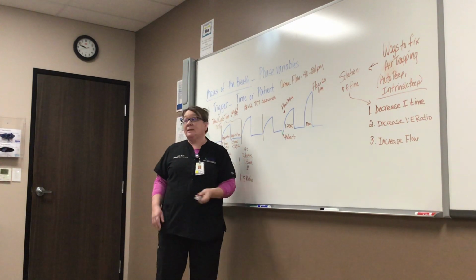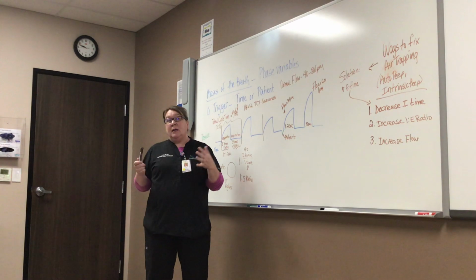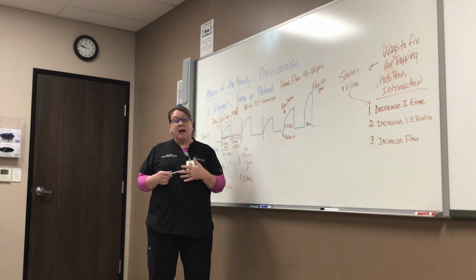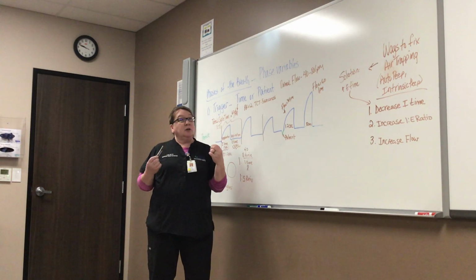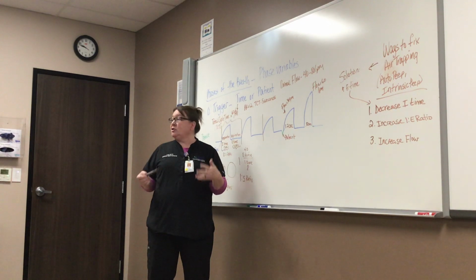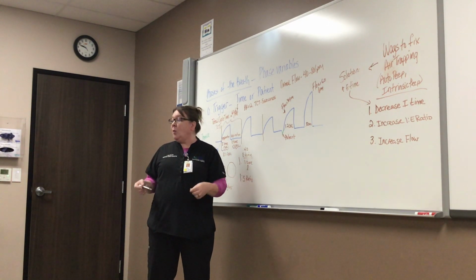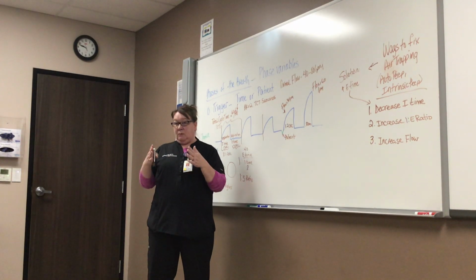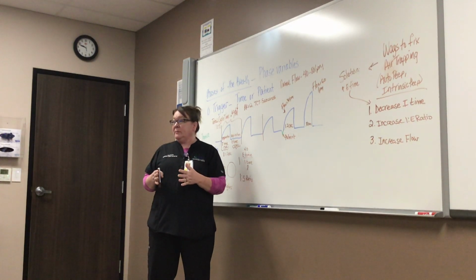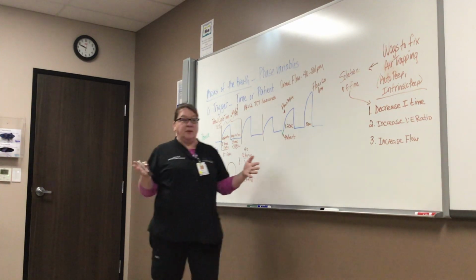So there is one thing to consider now. If your flow is too low to deliver the volume that you want within a certain I time, you're going to have a problem. So let's relate it to driving your car.